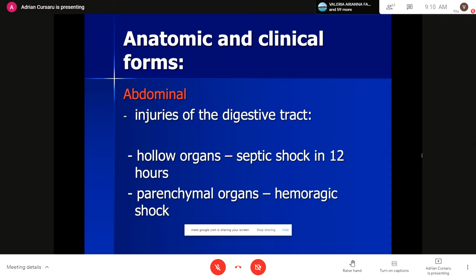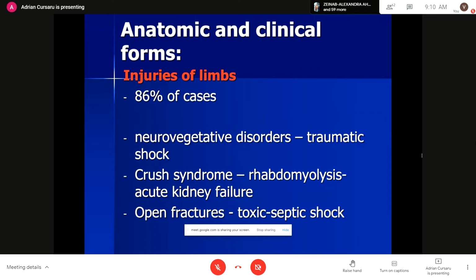It is very important to determine what type of hemorrhage we have because hemorrhagic shock could appear in association with parenchymal organs. In the case of injury of limbs, it is the most frequent association for polytrauma patients.